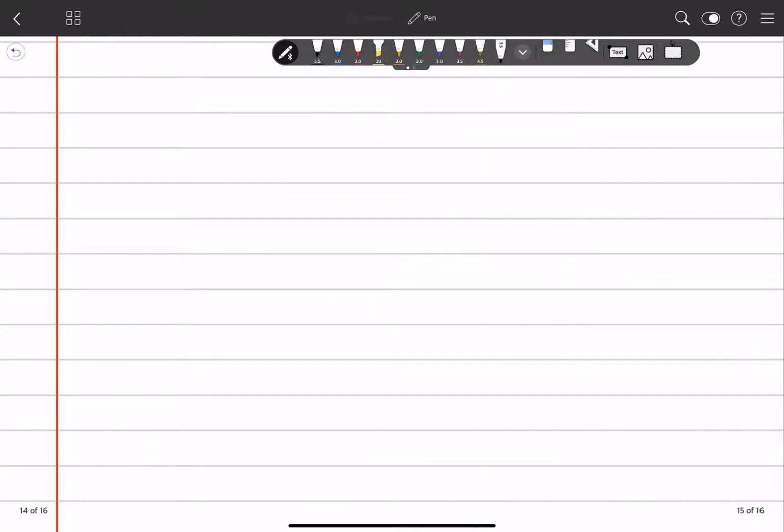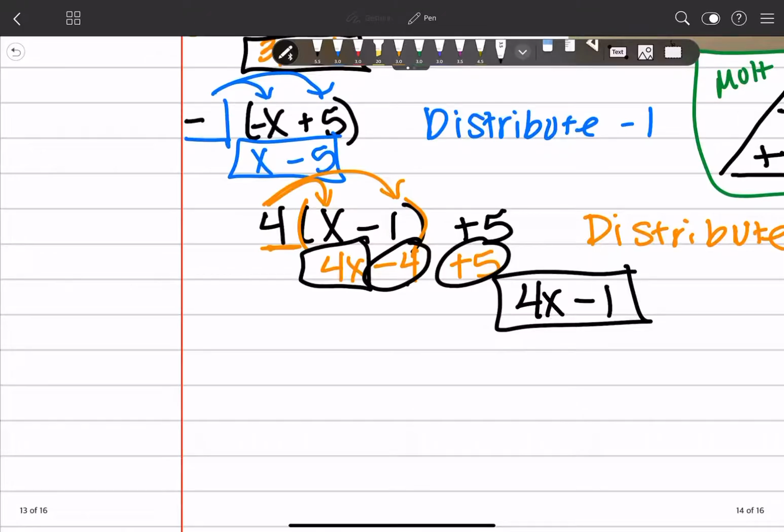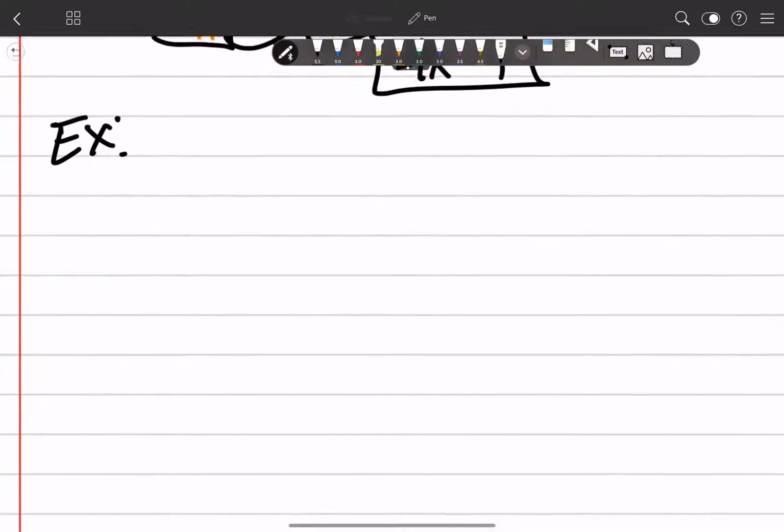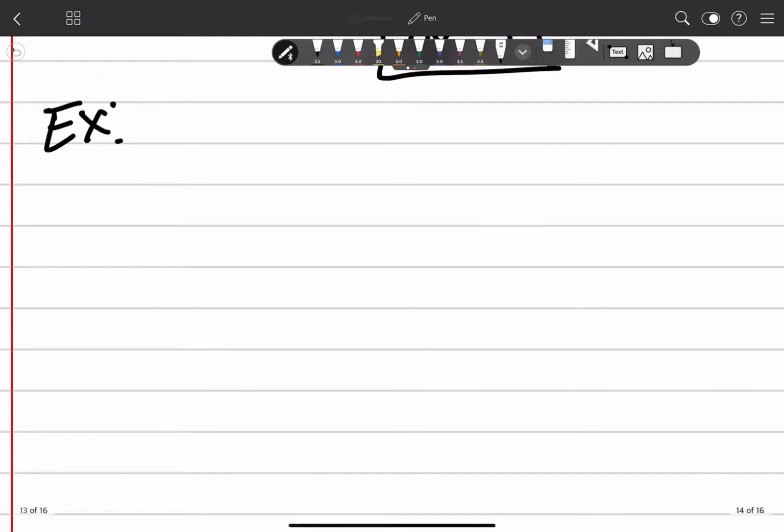Now you can use this to even find the perimeter of shapes that don't have numbers. I know, it's crazy, but we're going to do it together. So here's our example, and I'm only going to give you one. And we are going to draw this awkward little shape, which is a trapezoid.